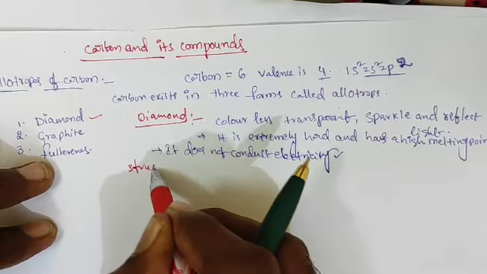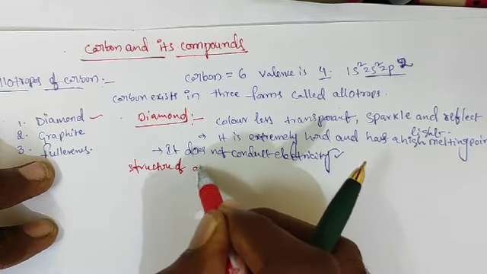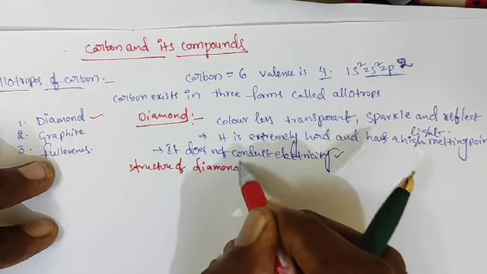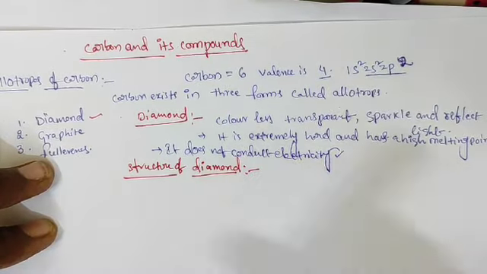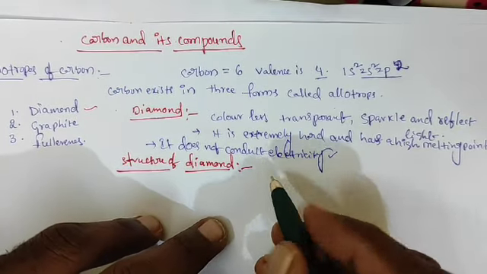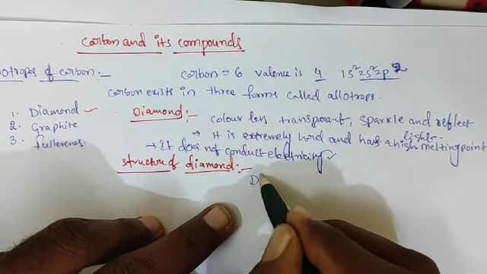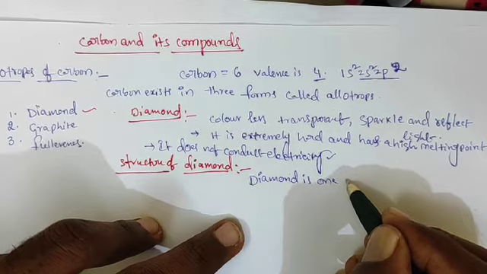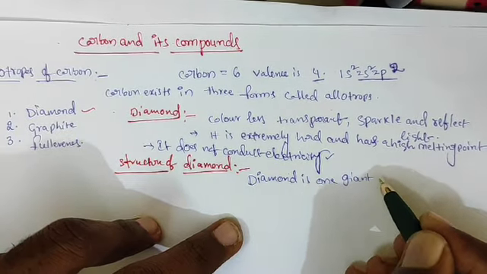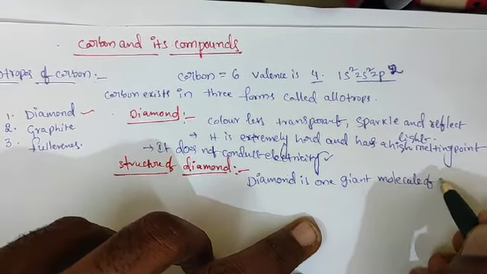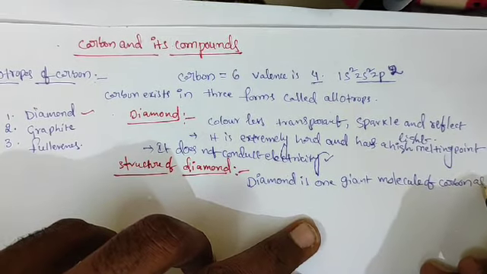Now, structure of diamond. Diamond is one giant molecule of carbon atoms.